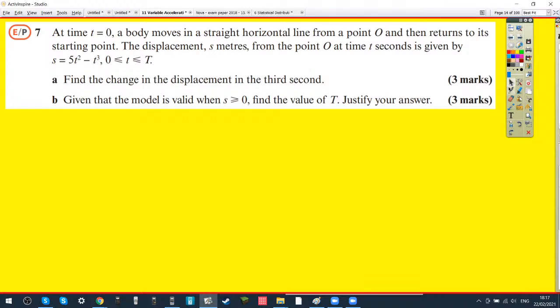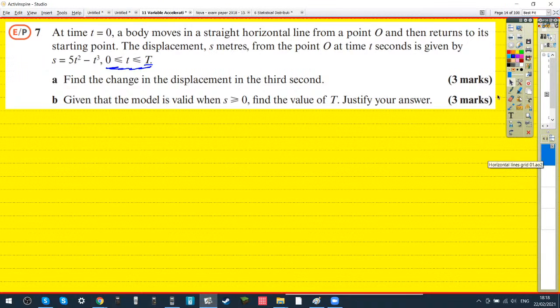So we need to find this maximum value for t, capital T, and s has to be greater than or equal to 0. So we have to find the restriction. Any idea how you do that? I'm not just putting it into my calculator.